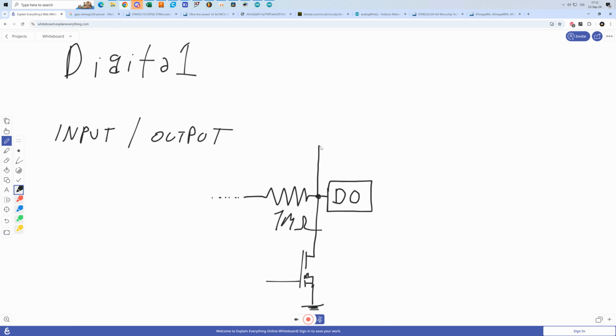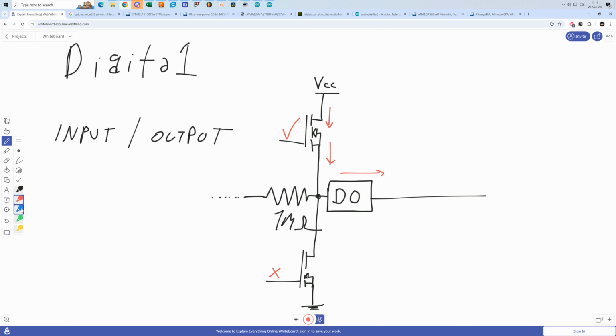And there will be another transistor here, and this transistor will connect to the positive supply rail. So now, if you configure the output for logic high, well then this transistor is going to be turned on and this transistor is going to be turned off. What this will do is that whatever is connected here to the digital pin, it will connect this transistor and the current can flow this way.